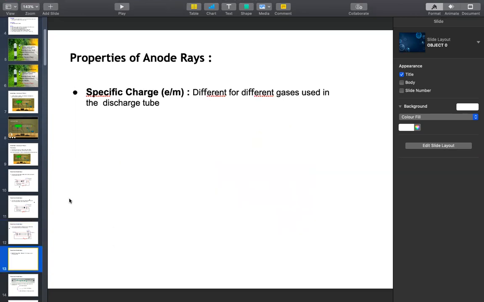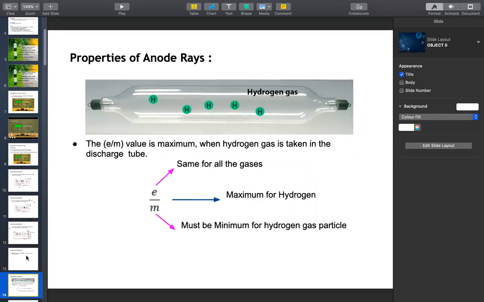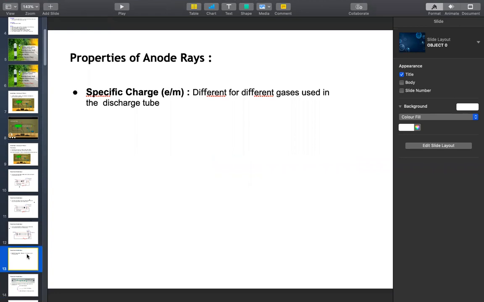Specific charge is different for different gases used in the discharge tube. Specific charge is not the same for all the gases. I'll explain you. First you write this. It is different for the different gases.